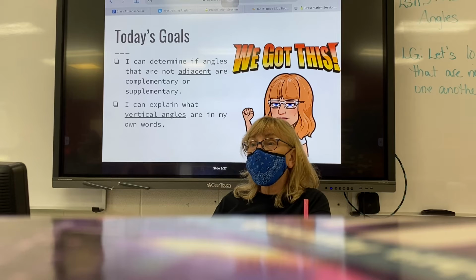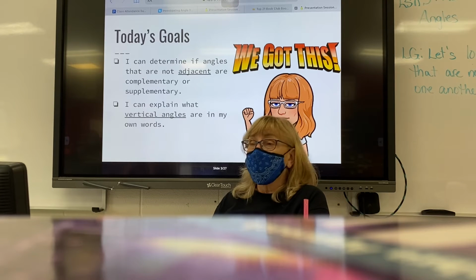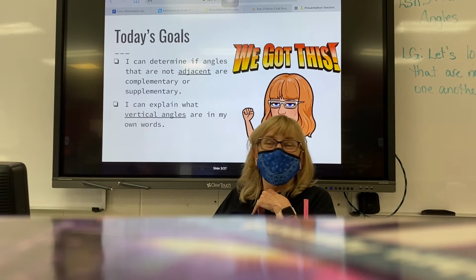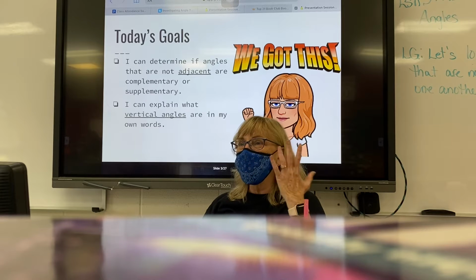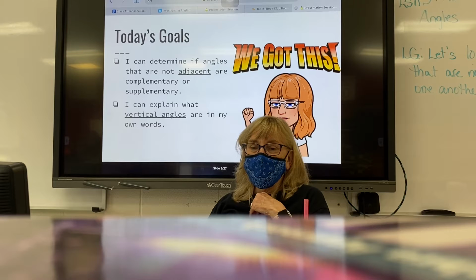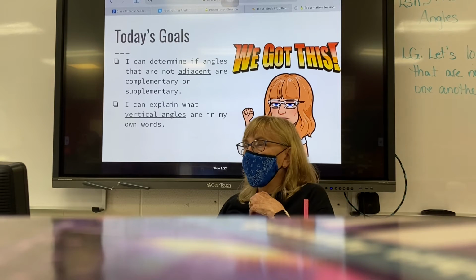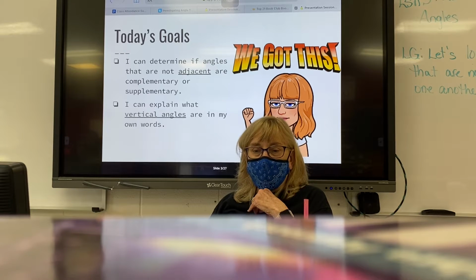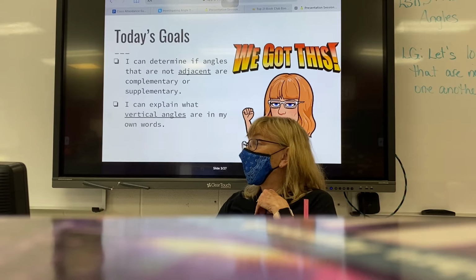Complementary means they add up to 90. Okay, if she's starting to talk, you don't butt in, okay? I'm not a big fan of raise your hand and wait to be called on. I don't mind if you speak out, but if somebody's already talking, don't cut them off, okay? All right, so complementary angles total 90. Supplementary are a total of 180. Okay? Vertical angles.